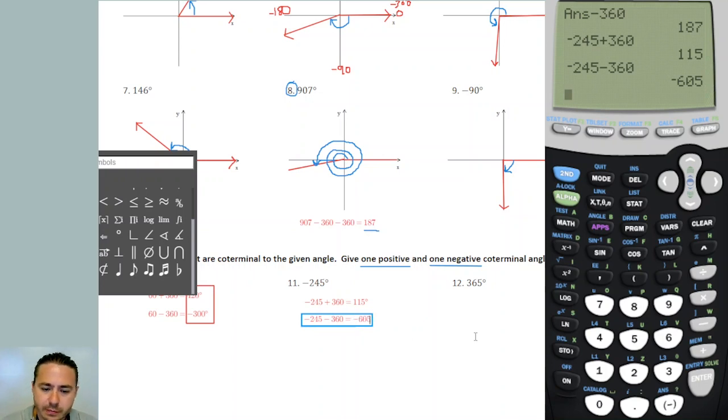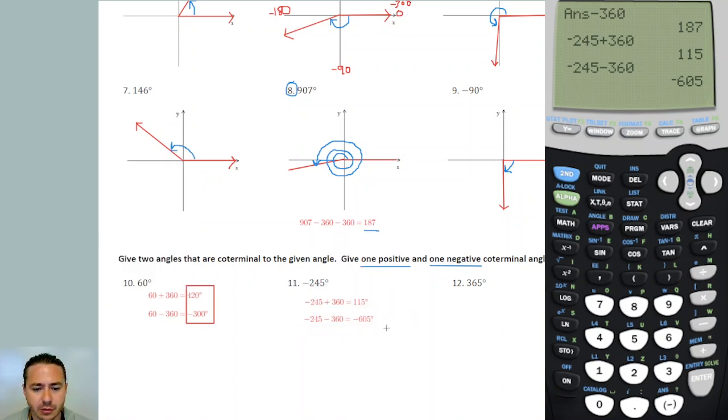Now, your answers may vary here because, like I said before, you could subtract another 360 and get another angle that works. That's okay, so don't stress out about that. If you got different answers, just make sure that the difference between my answers and your answers is 360 or some multiple of 360.